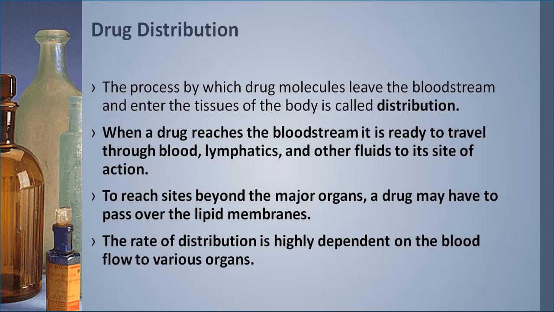The rate of distribution is highly dependent on the blood flow to the various organs. Basically, if blood is flowing more to a particular organ, more of the medicine will go there. If blood is not flowing very well to that organ, then the medicine will not get there. Assuming somebody has an infection and the blood cannot reach where the infection is, if you take that medicine, you have wasted your money, because the blood is not going there.